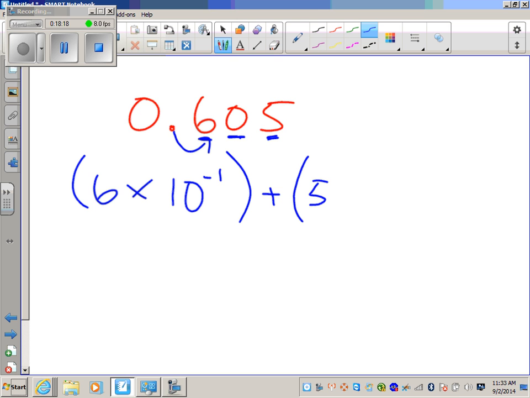There's my next actual digit. But be careful. If you skip it here, make sure you skip it there. How many places after the decimal does your 5 now come, Demaya? 3.